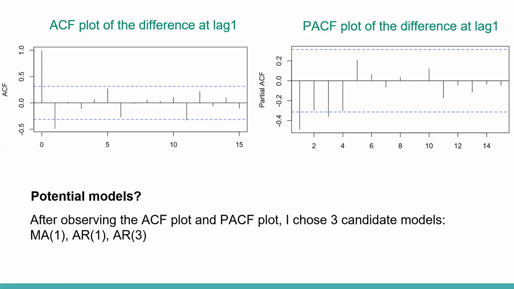I choose three because at times the ACF plot and the PACF plot may not give the exact picture of what we're looking for. I'm going to tell you now, why do I have to think about the autoregressive model of order one?